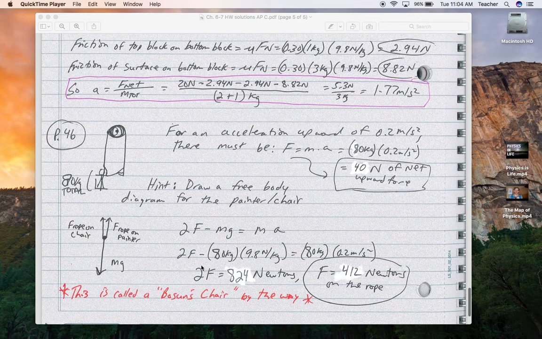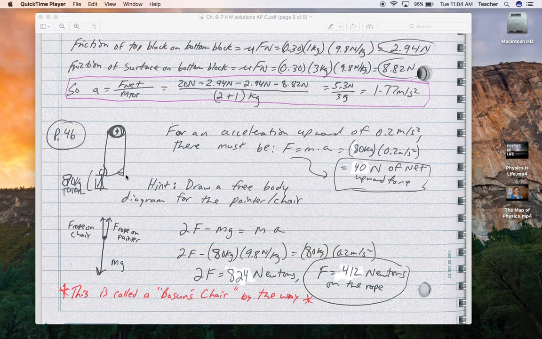This last one is something called a Bosun's chair. We can go through that conceptually as well. I think the key thing is drawing a free body diagram for the person in the chair. So we know that gravity is acting down. I had initially thought it was 70 kilograms, but actually it's 80 total kilograms, so that's mg. And there's 2 forces upward.